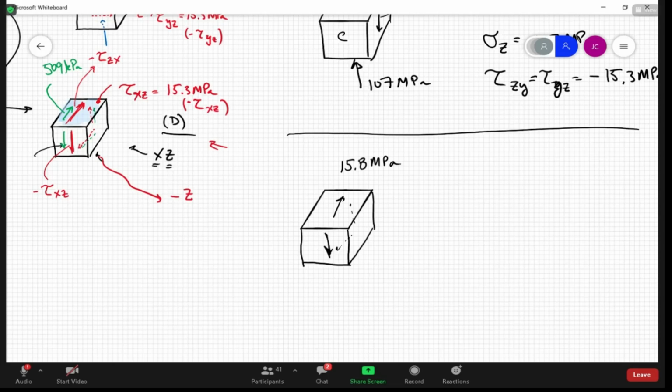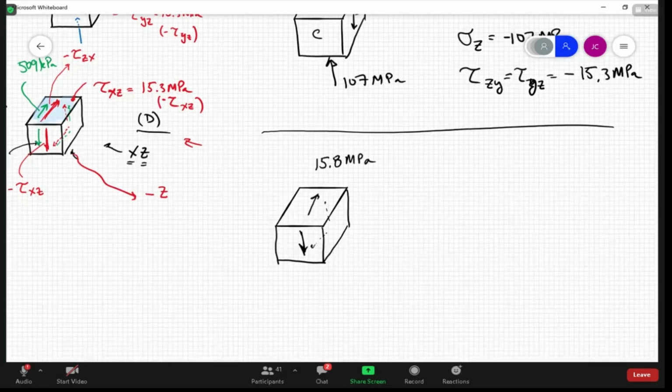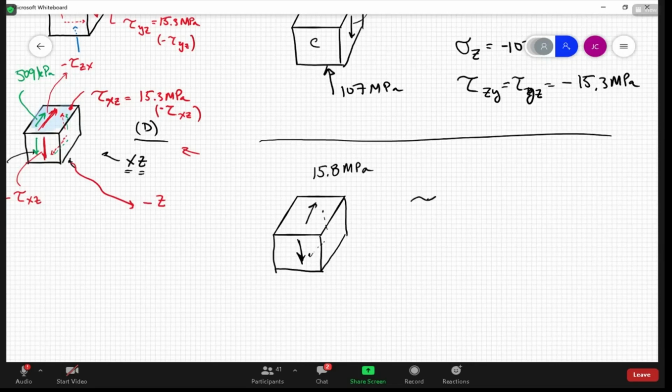megapascals, okay? And so here, the only non-zero stress component is going to be tau xz, which equals tau zx, and that equals a negative 15.8 megapascals.